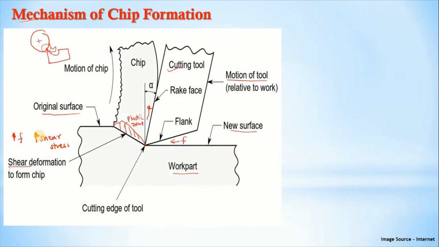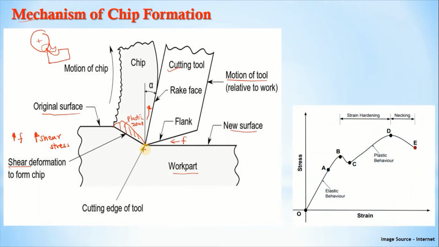At some point the induced shear stress will become greater than or equal to the ultimate shear stress of the work material. As we know from the stress-strain diagram, here we have the yield stress and this is the ultimate stress, and from the yield stress to the ultimate stress we have plastic deformation where strain hardening takes place.